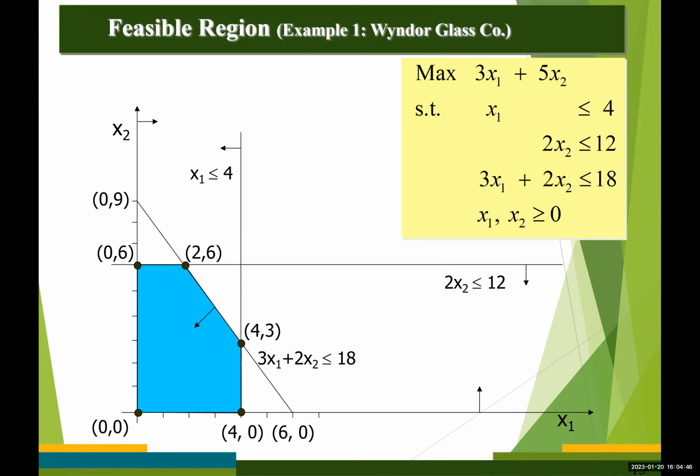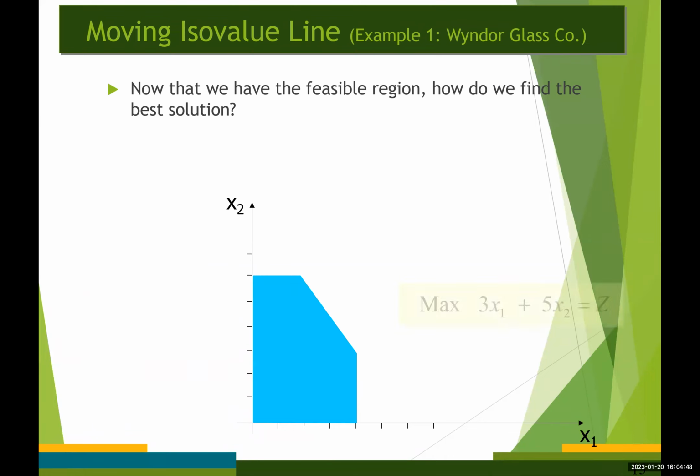Having identified the feasible region for our window glass example problem, now we can search for the optimal solution. That will be the point in the feasible region with the largest value of 3x1 plus 5x2. That's our objective function.